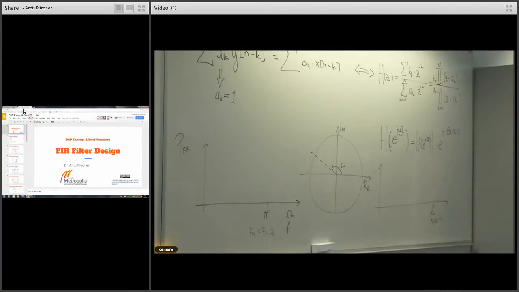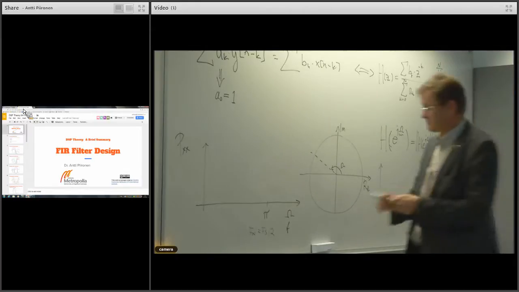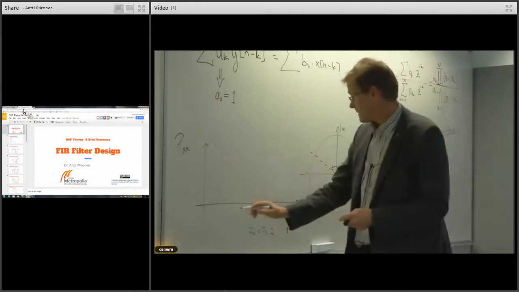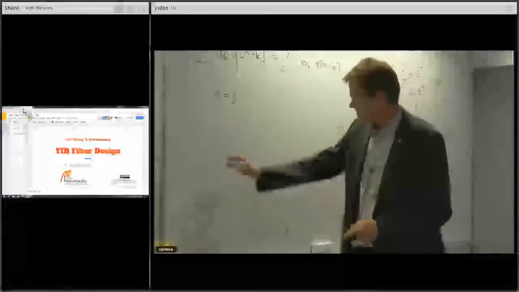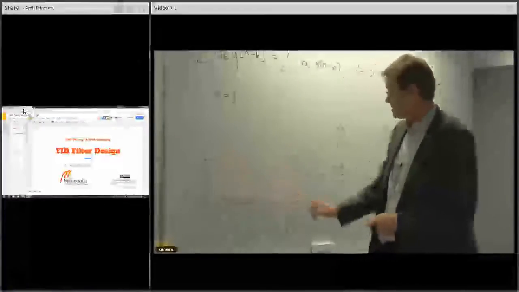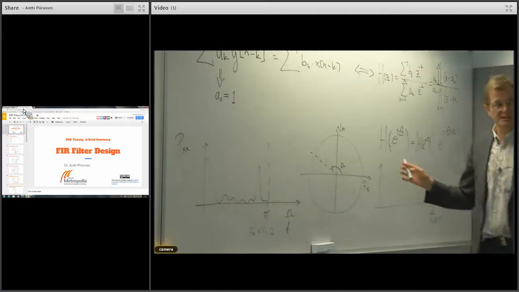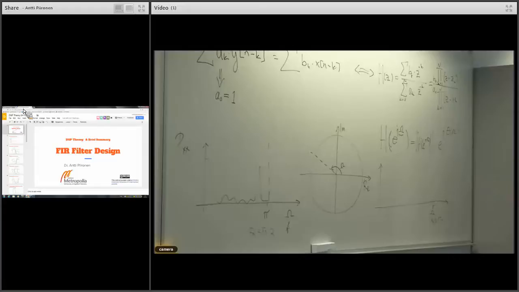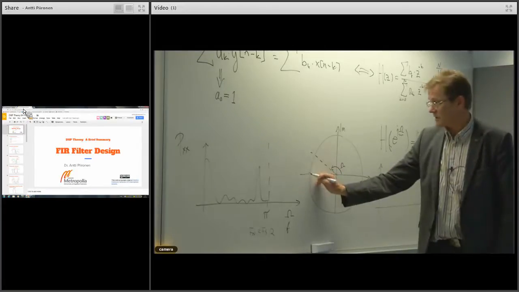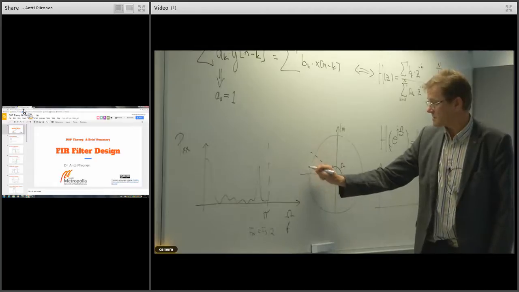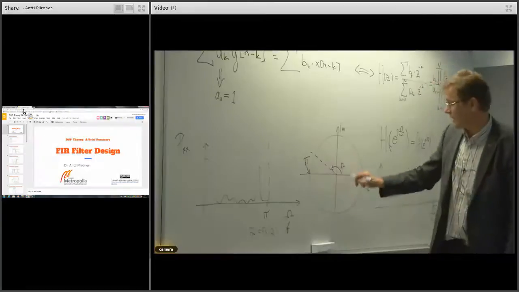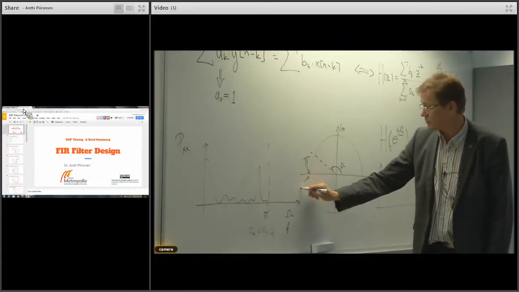So that's basically, for a signal, the highest frequency that can be sampled, or for the system, the highest frequency that can be represented or handled by the system. Which is actually here. That's angle pi, or if we go the other way around, it's also minus pi.